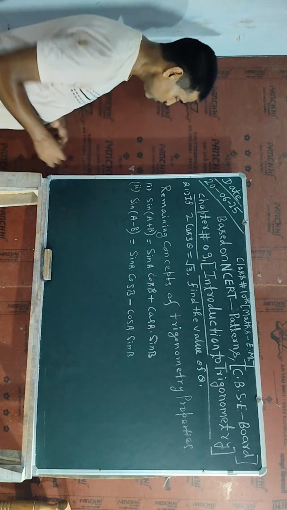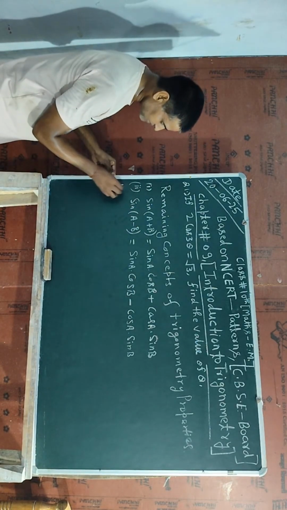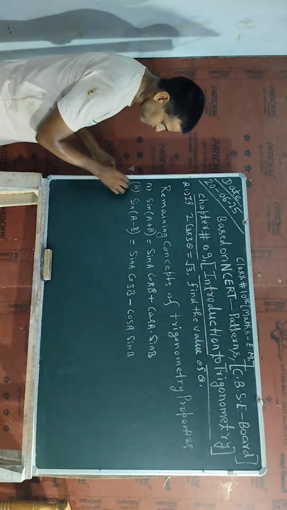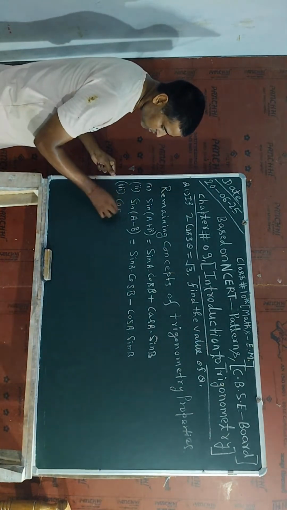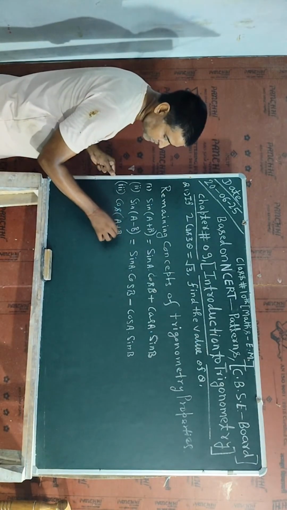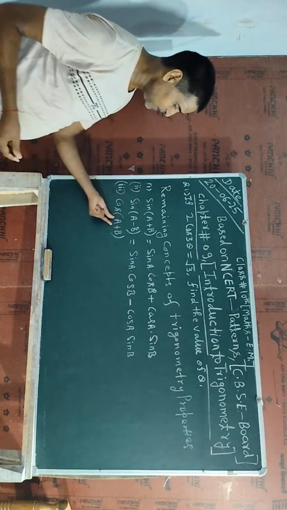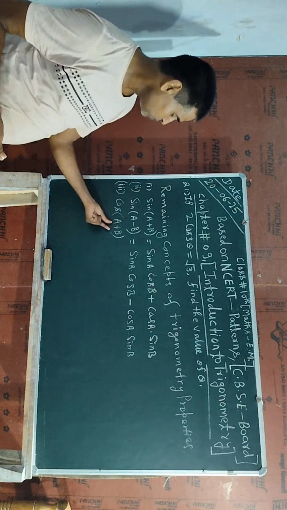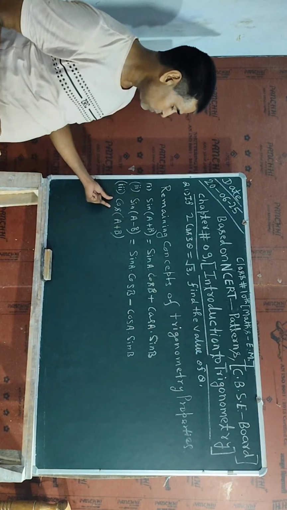Okay, now I am going to explain the third property of trigonometry. If cos is available and A plus B is available, it means that two angles are given and we have to take the sum of both angles, but here we have to take cos.